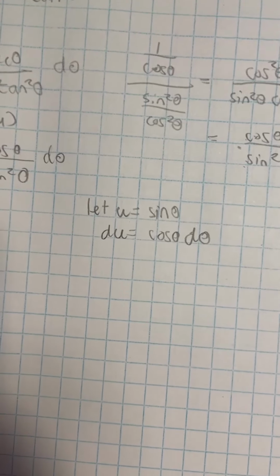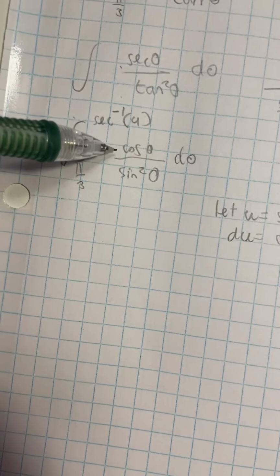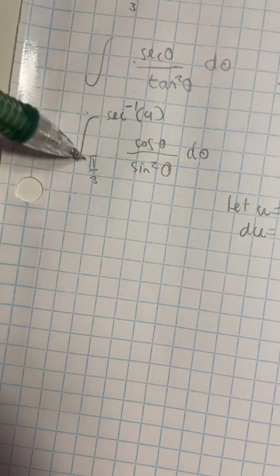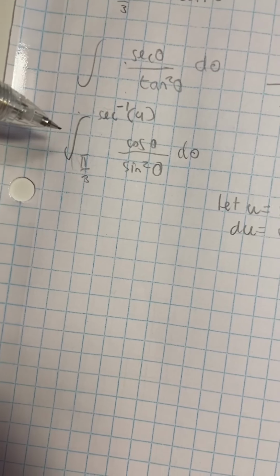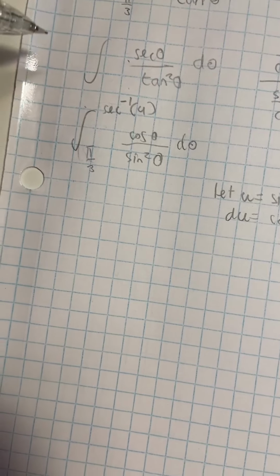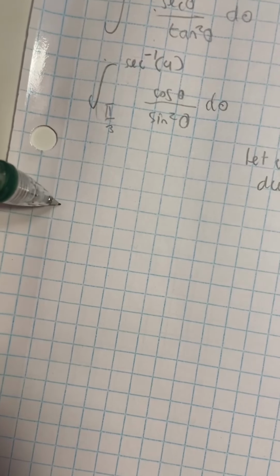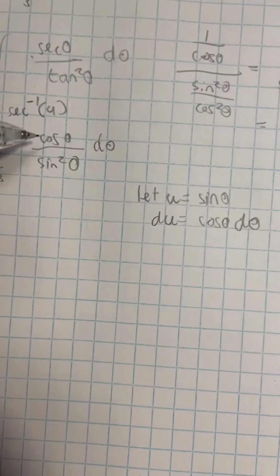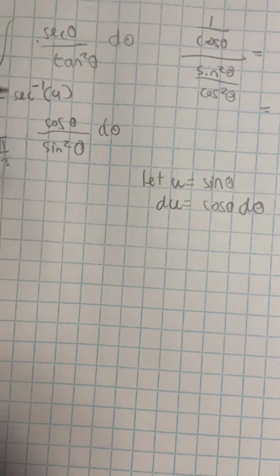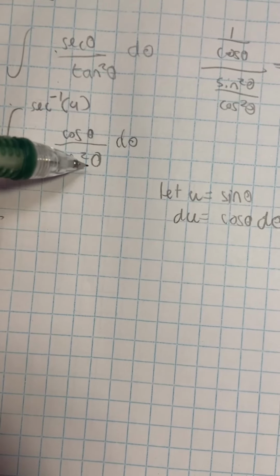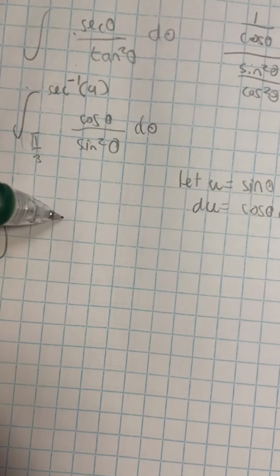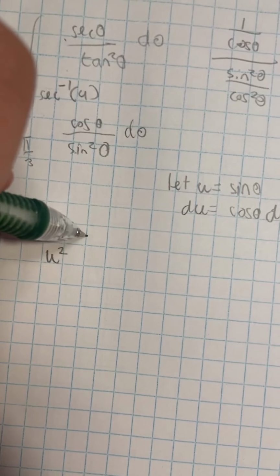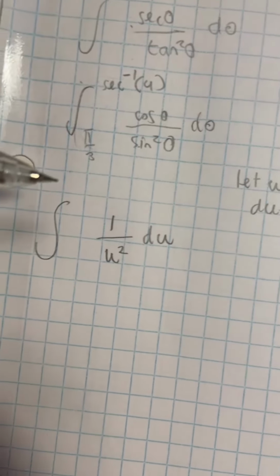So now those are all the terms that we're using here, so we can just swap these out, and then we'll have to find new values in terms of u for the upper and lower limits. We'll do that in a second. So first we'll rewrite this. Cosine theta delta theta becomes delta u, and sine squared theta becomes u squared. So it's going to be 1 over u squared times delta u.